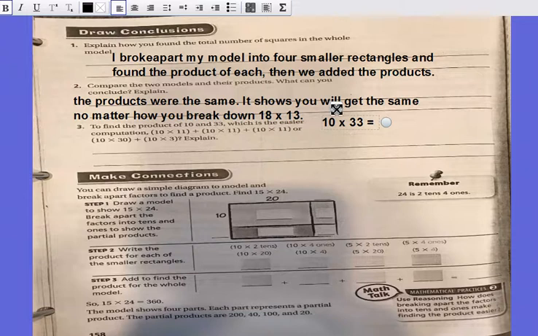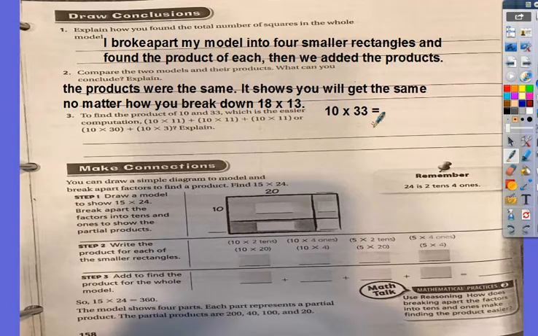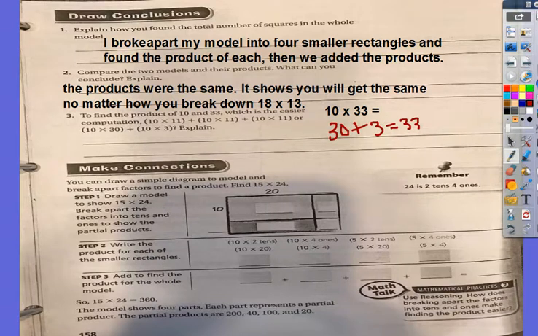Well, I think it would be better to go 10 times 30 and 10 times 3, because if I break 33 up in expanded form, it would be 30 plus 3 equals 33. So if I could just take the 10 times the 30 and the 10 times the 3, I think it would be much better. It would be way quicker for me to do that.